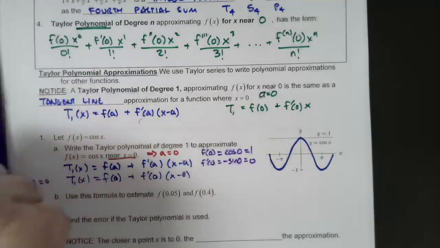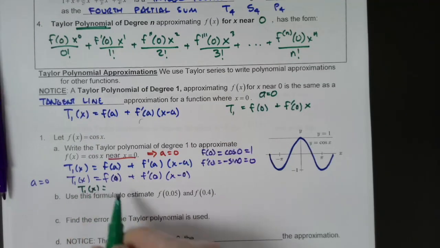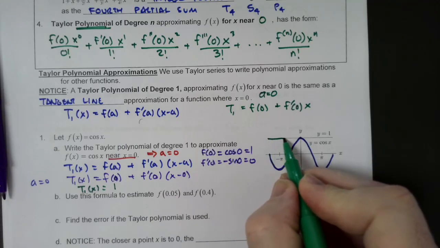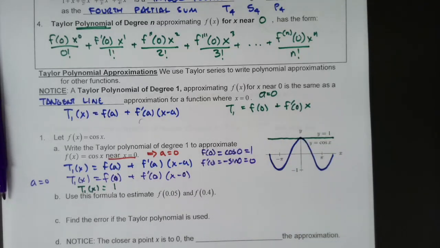So when we substitute this in, this is actually pretty lame, isn't it? This is just 1 plus 0 times x, or just 1. Our tangent line here is just the line y equals 1.